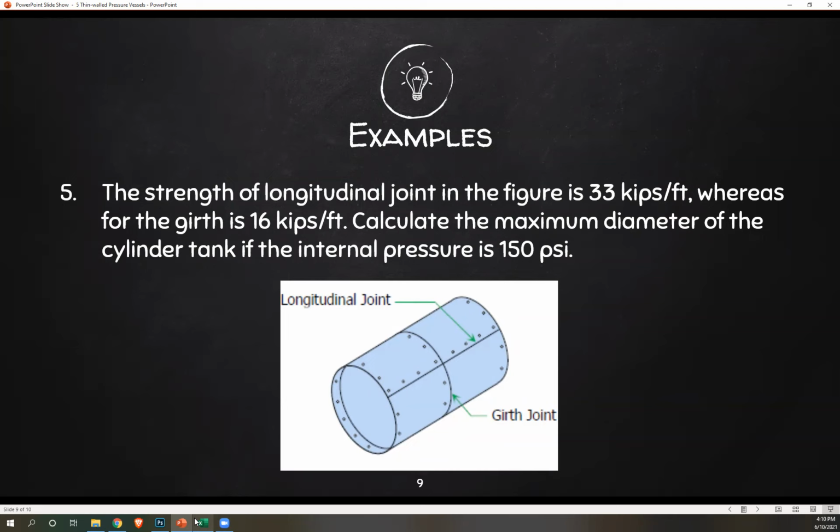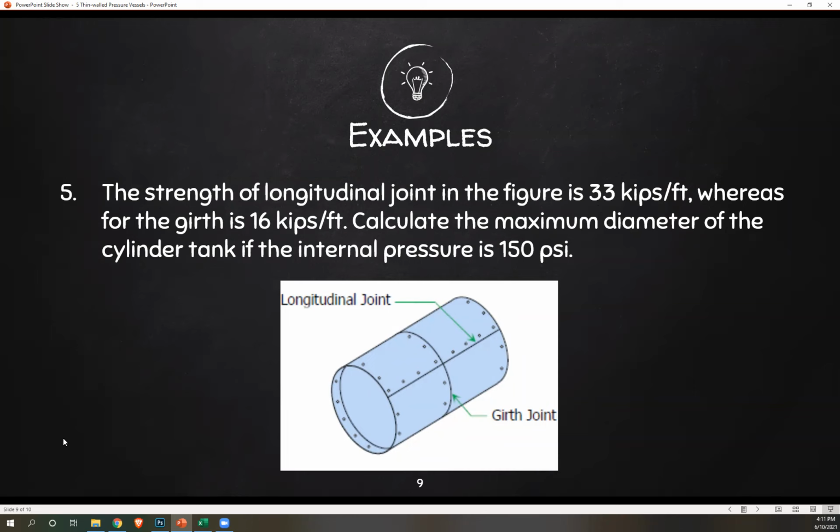Calculate the maximum diameter of the cylinder tank if the internal pressure is 150 psi. So basically, we're looking for maximum diameter given the strength. And again, strength is the maximum allowable stress. So 33 kips and 16 kips given internal pressure 150.